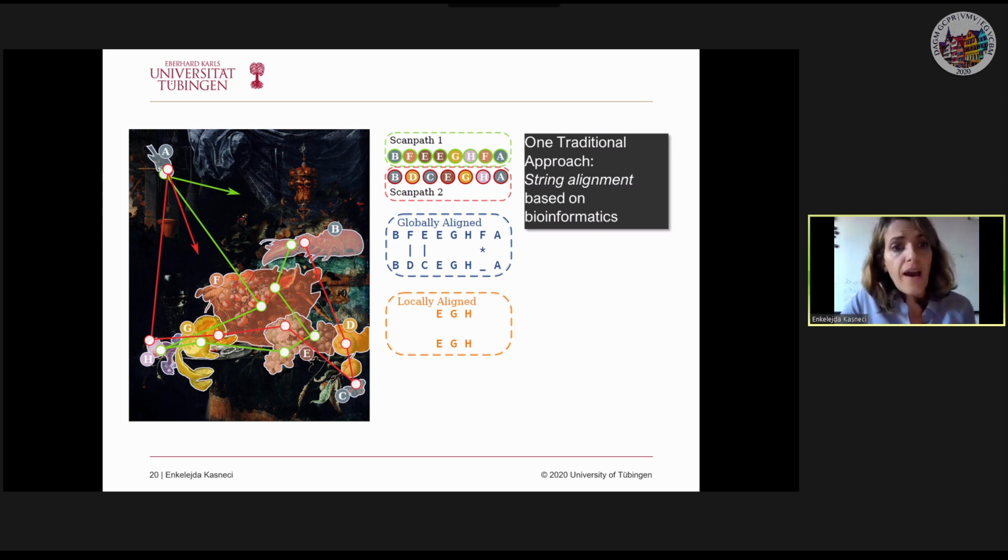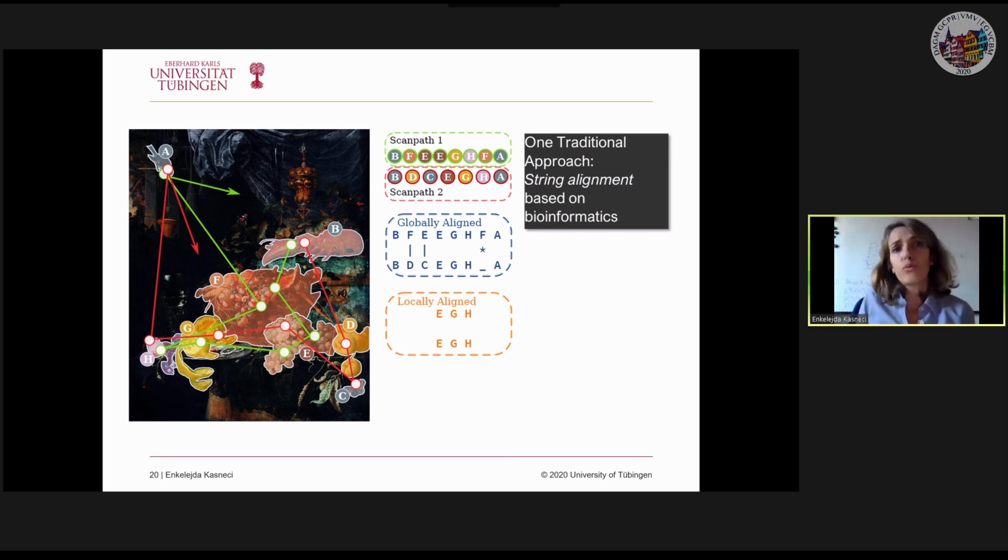But let's say we have those areas here. What people usually do is map fixations to those areas, so they come up with the string encoding, and then the problem is reduced to some kind of string alignment based on bioinformatic methods, where you can apply a global alignment or a local alignment.